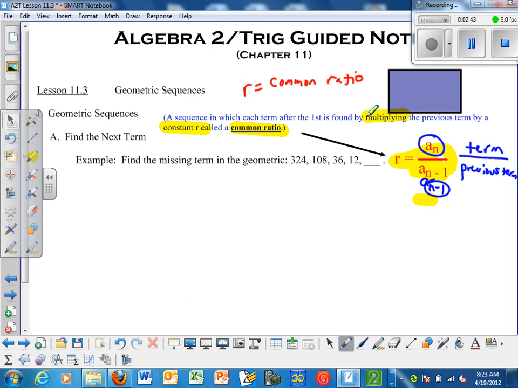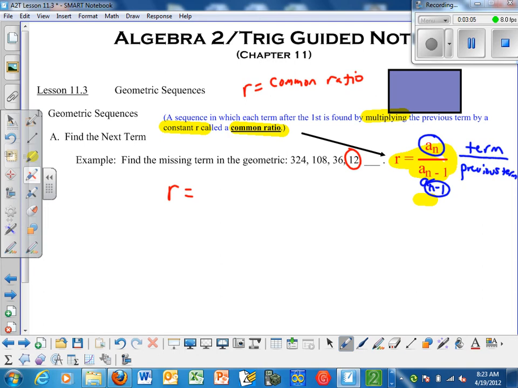So find the missing term in the geometric sequence. If we think about this, you kind of have to know what's going on with the sequence here. Let's actually show you finding r. So I am going to take a term here. I'm going to take this one. Now you can't take the first term because there is no term in front of that to divide by, but you can take any term.